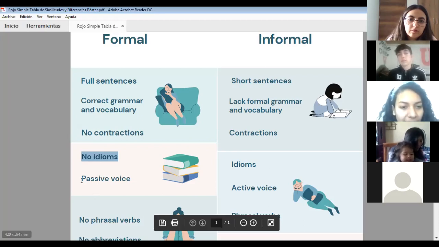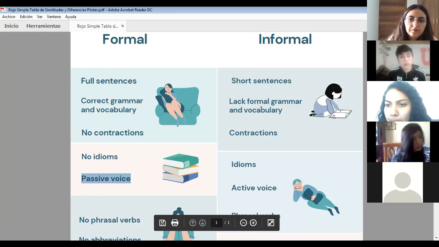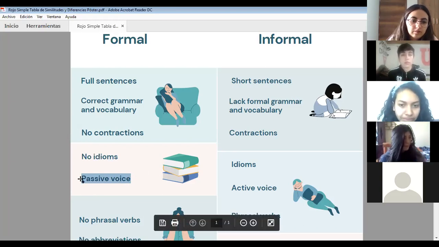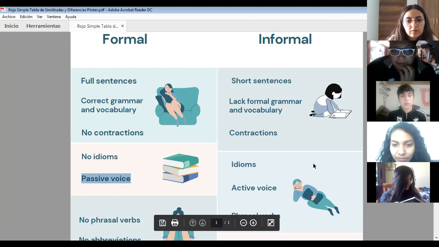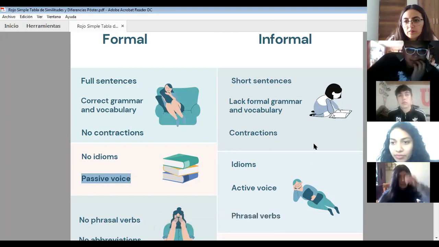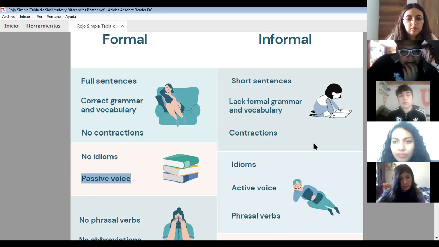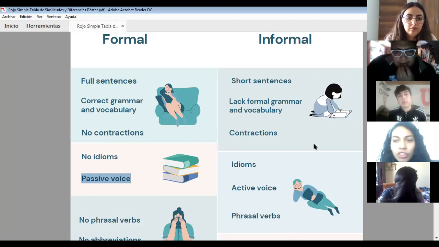Then we have the next, which is passive voice. Tell me, Kevin. Formal, passive voice; informal, active voice. Do you know how they are different? No, you're not sure?